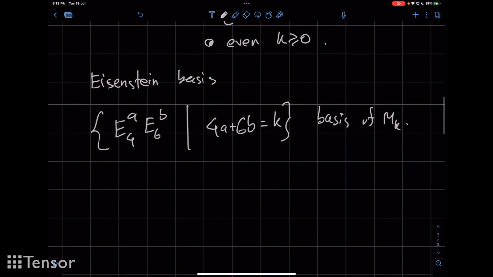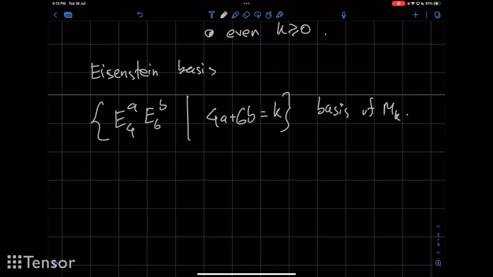So today we start with an observation. I think I've mentioned it in one of the previous lectures that if f is a modular form, then we can write f as a q-series expansion, right? And there are infinitely many coefficients in this q-expansion.